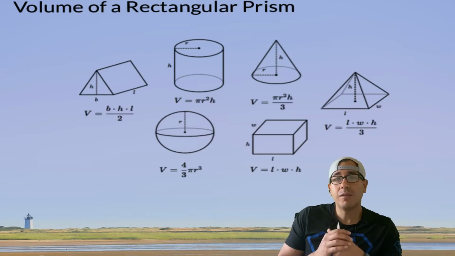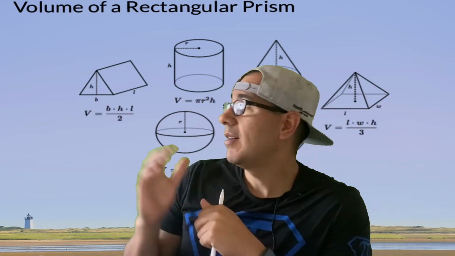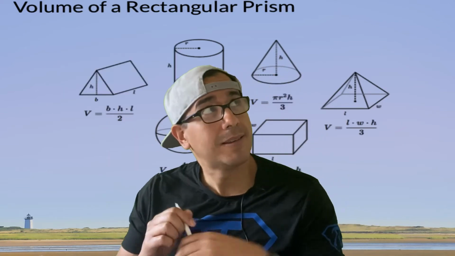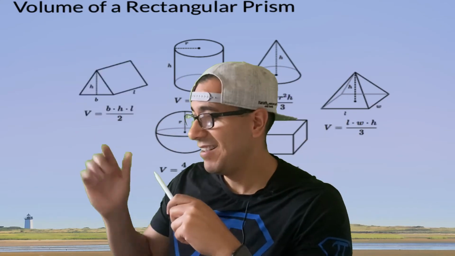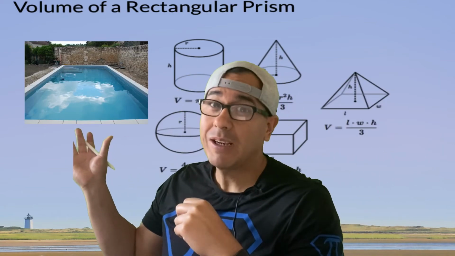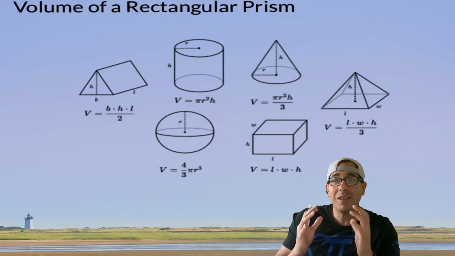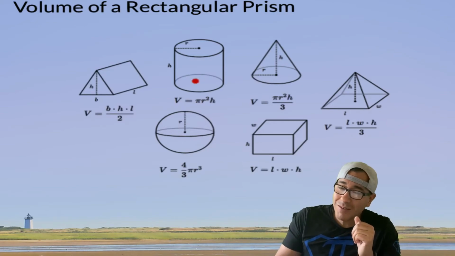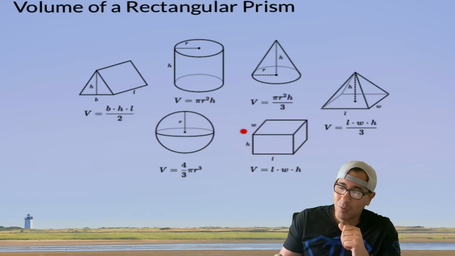Think about a house, cereal boxes, juice boxes, an aquarium, a swimming pool, a rectangular swimming pool, just to name a few. All right, so hopefully that gives you an idea of which one of these objects we're actually looking at. So you could see, bingo, we're gonna look at this object right here. This is a rectangular prism.